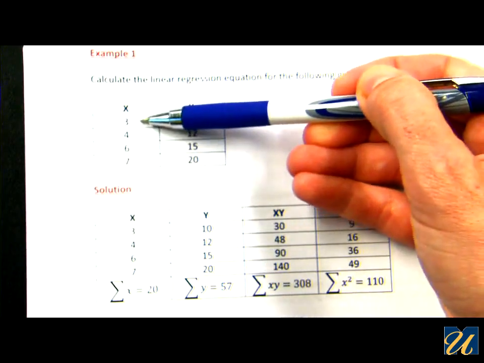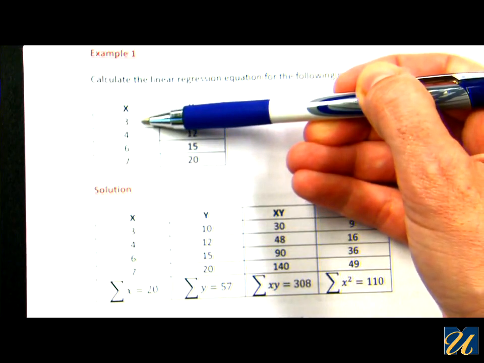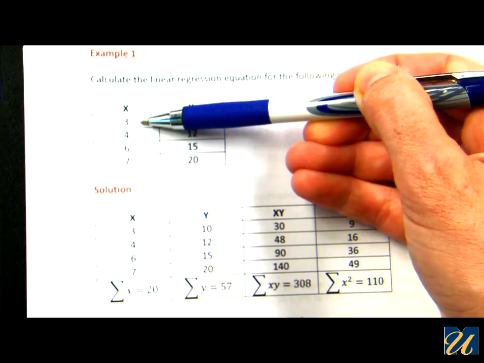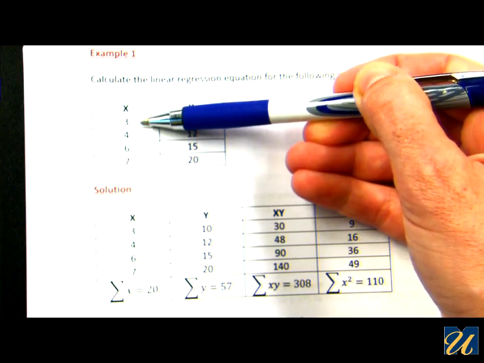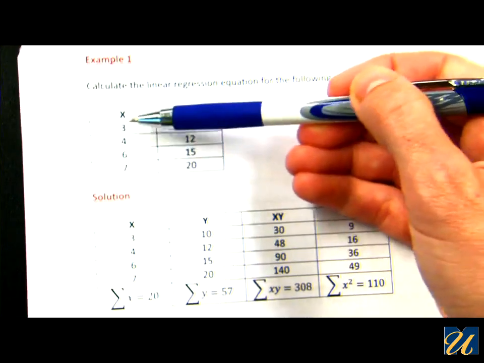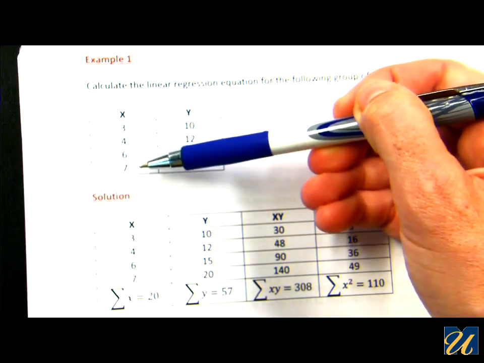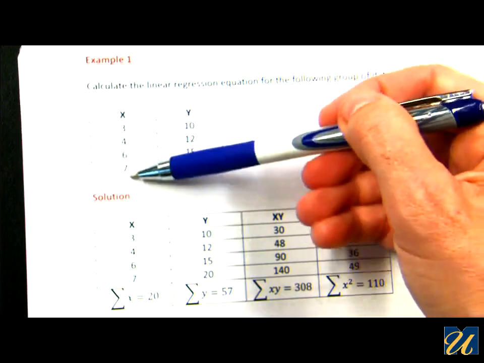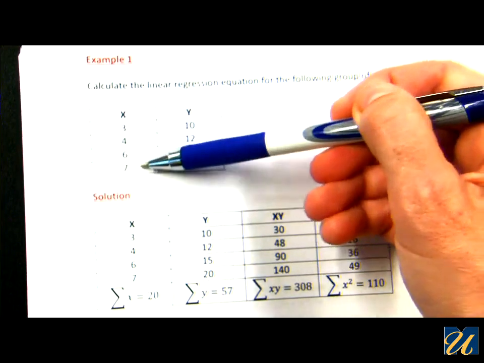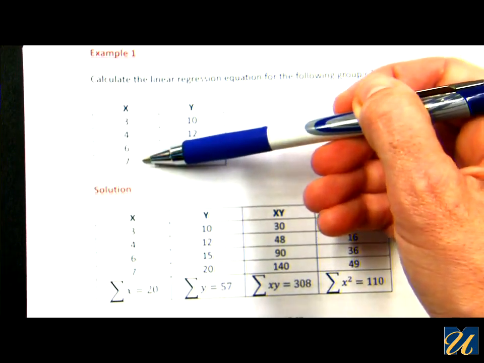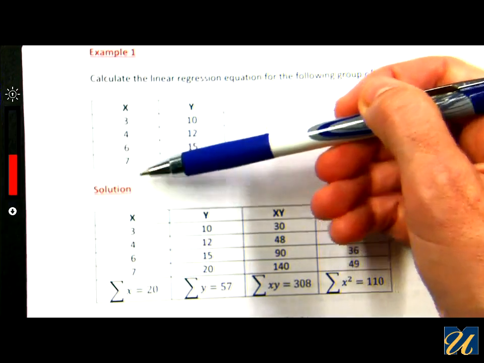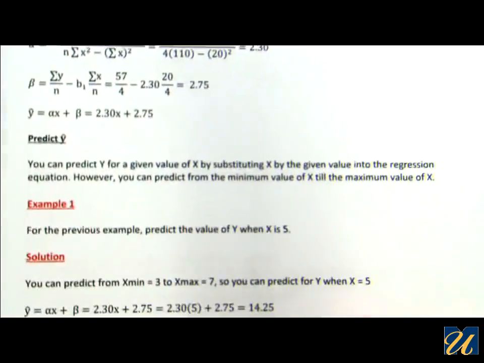That means if I ask from you, in this example, to predict y when x is equal to 5, you could have done it because 5 is between 3 and 7. If I had asked you to predict y given x equals 10, you would not be able to do it because 10 is higher than your maximum entry, which in this case is your 7. So you would have to state that you cannot predict.